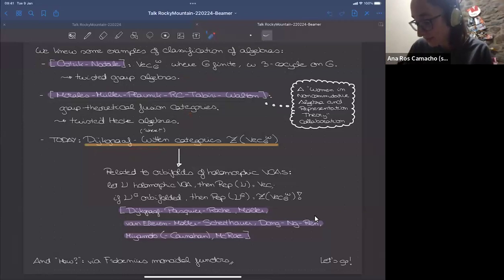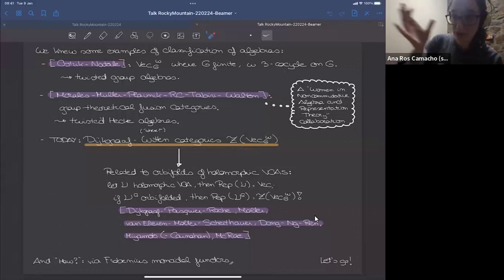So this is the Dijkgraaf-Witten center, Vec_G^omega. Actually, it wasn't particularly our first motivation, but one of the referees reminded me that these are related to orbifolds of the so-called holomorphic VOAs, whose representation category is Vec.